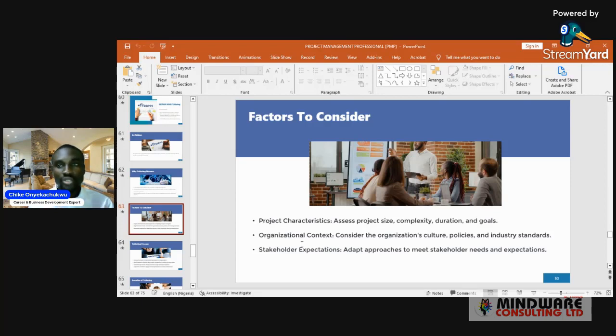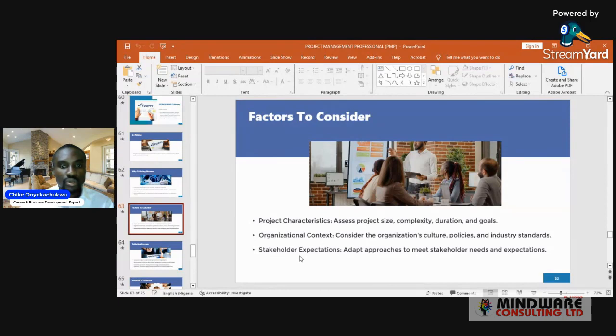All industries are not the same, from telecommunication to construction, they have different standards, different policies, okay, that are guiding them. And within each industry, you have different organizations with different cultures, all right? So that's where tailoring becomes very, very imperative. You have to tailor your processes to be able to align with all these factors within the organizational context and also the industrial context as well.